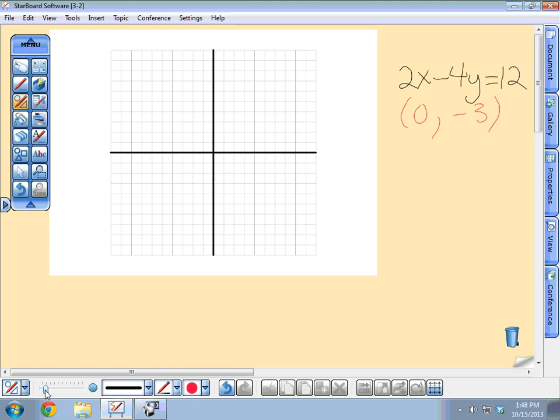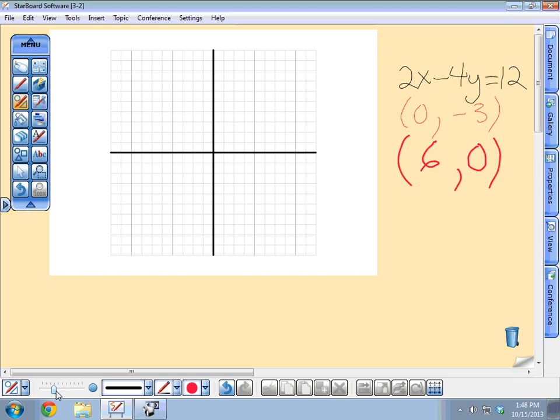Okay? And then if I use 0 for my y, if y is 0, what is x? It's 6. Because 6 times 2 is 12, minus 0 is 12. So, your point disappeared, 0, -3.